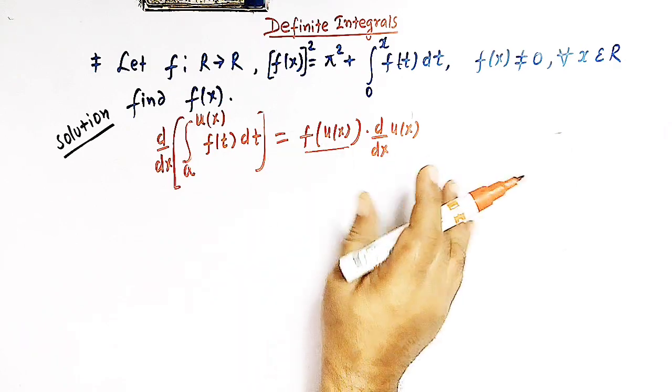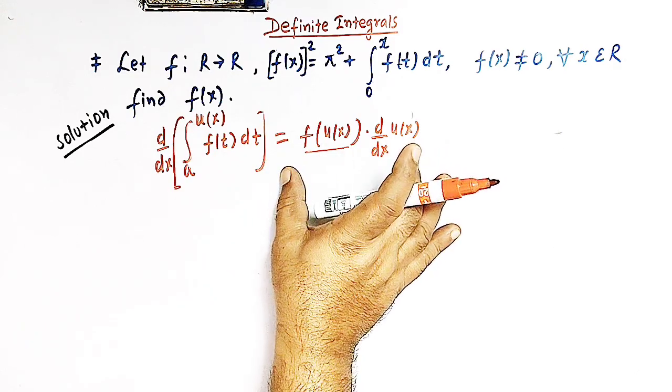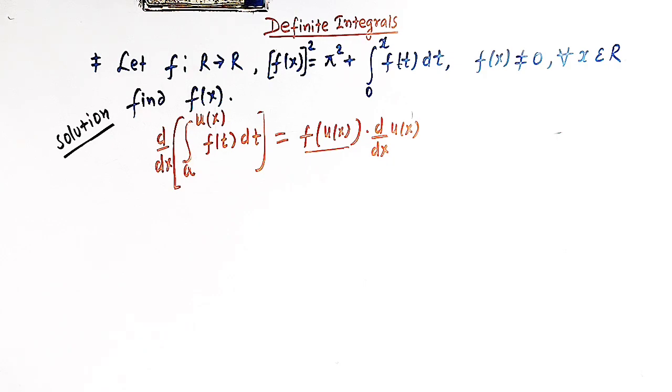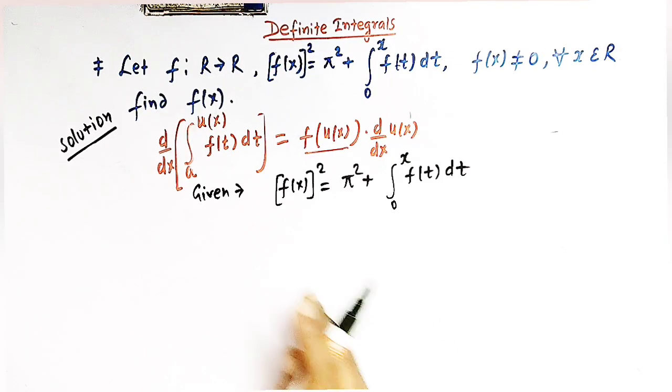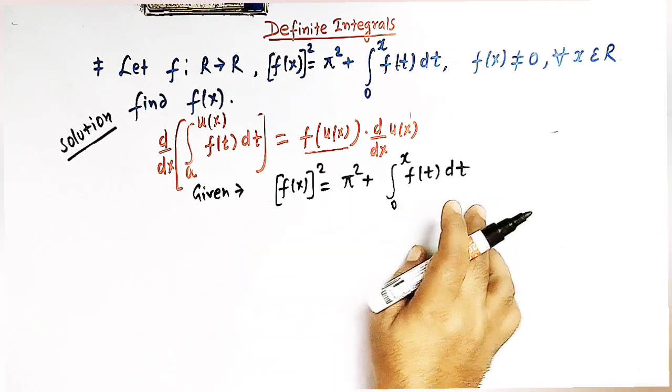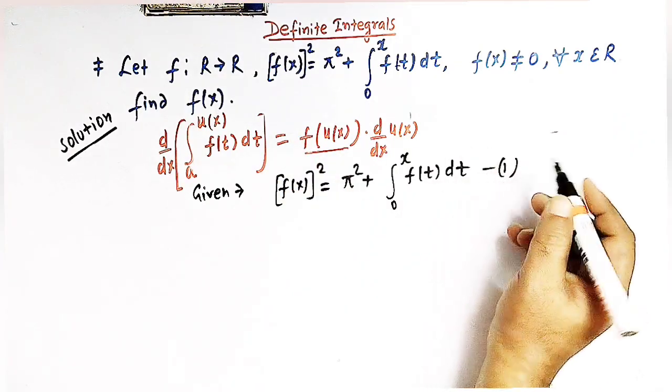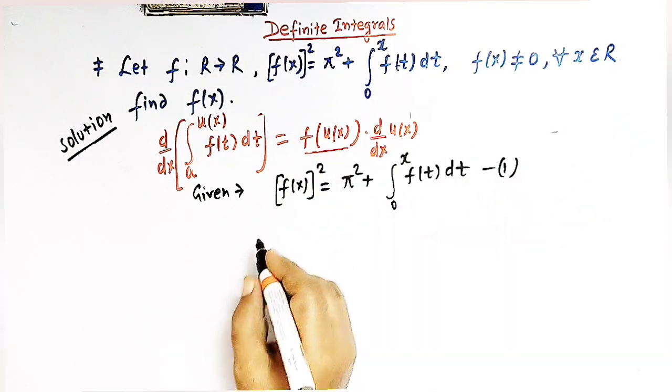So let us make use of this result to differentiate this equation. So let us take the derivative of both sides of this equation, and let us call this equation number 1.